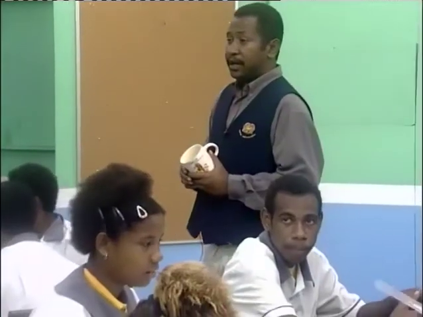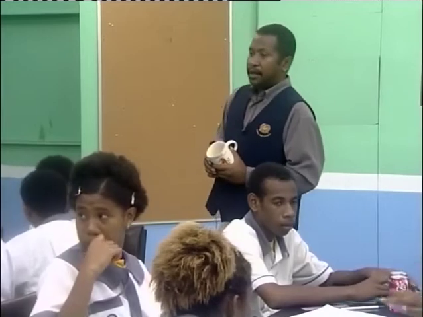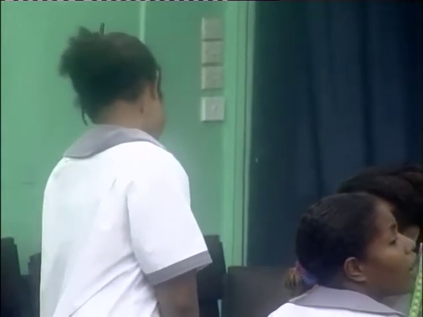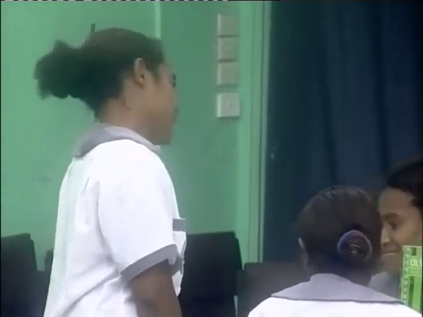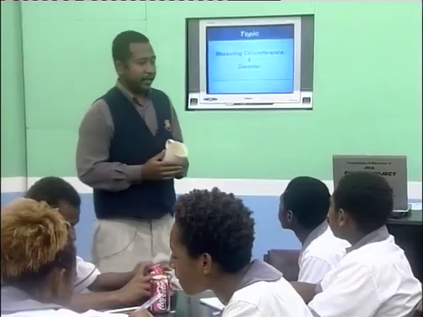You can use that can on your table. Do you have a tape measure? No. So if you don't have a tape measure, how can you measure the can there? Is there any way you can measure it? No. Okay, she's saying that using a tape measure.